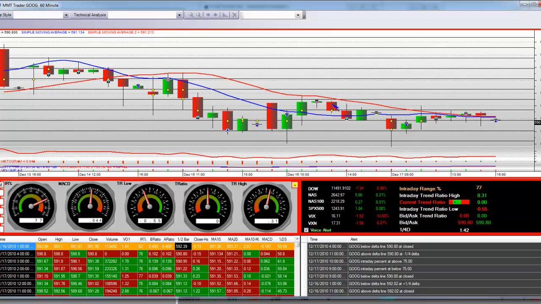A closing price below 592.39 at resistance is a sell short. The lower level here, to confirm it, is a closing price below a 60-minute closing bar below 591.58. This one over here, MMTs, is going to be 589.53.